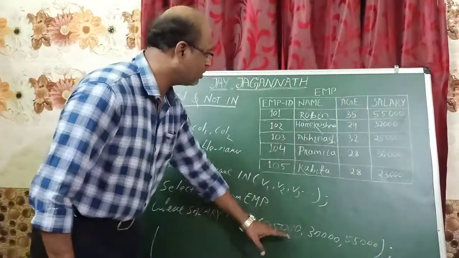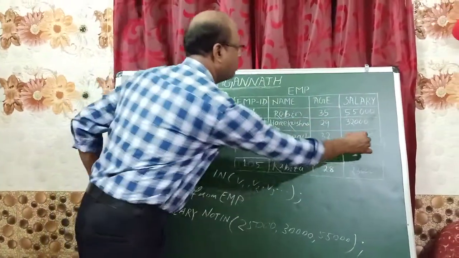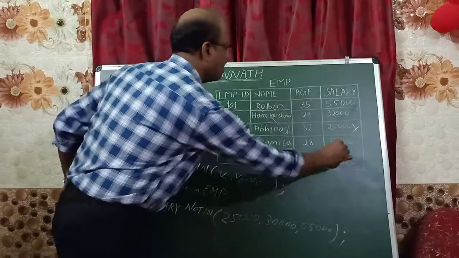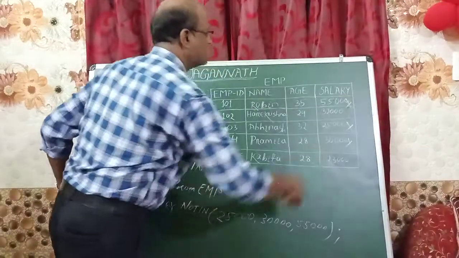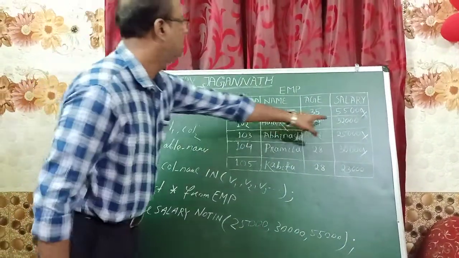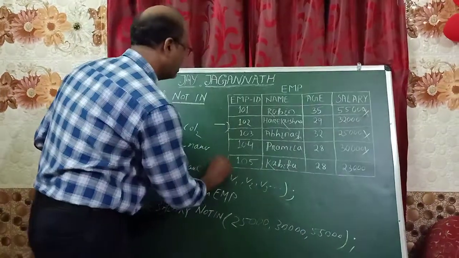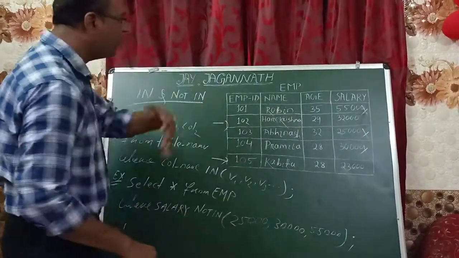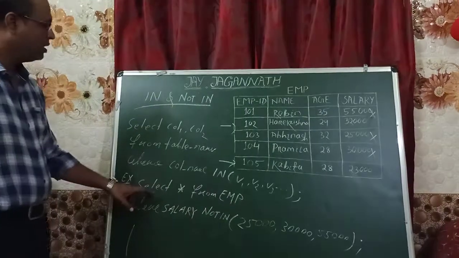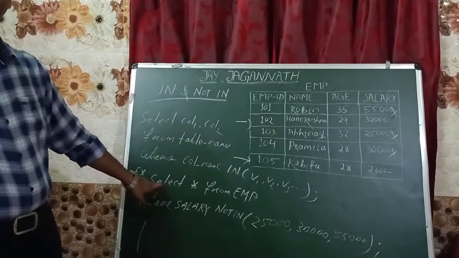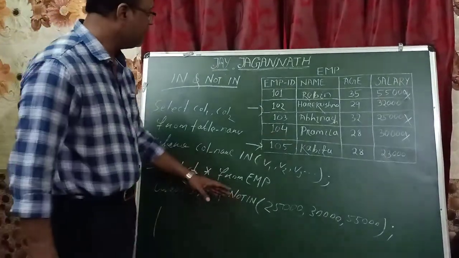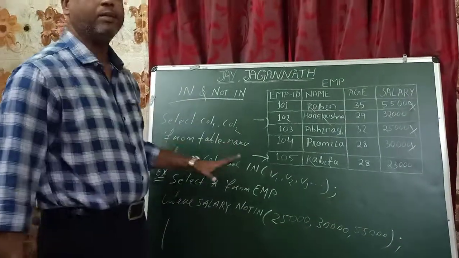So excluding 25,000, 30,000 and 55,000, the remaining are 32,000 and 23,000. Then these records will be fetched from the table using this query. This is the role of the NOT IN and IN operators.